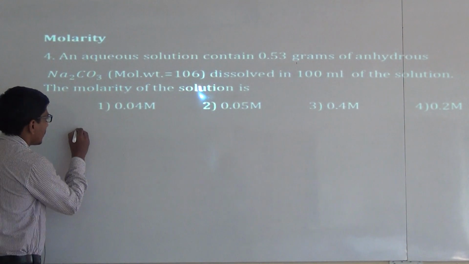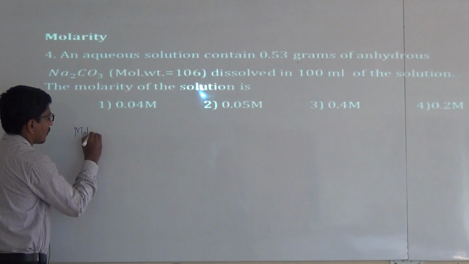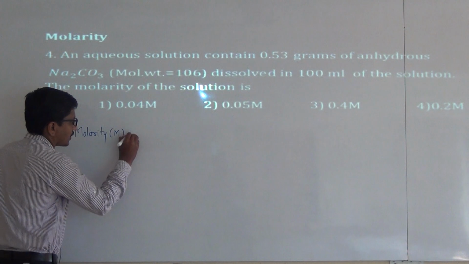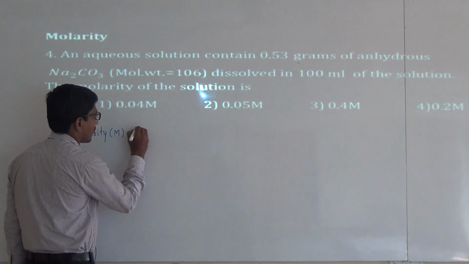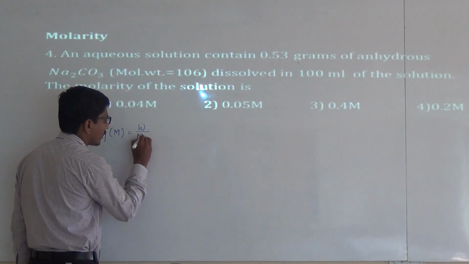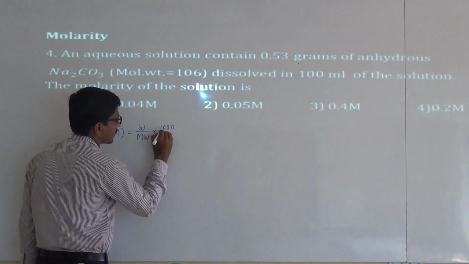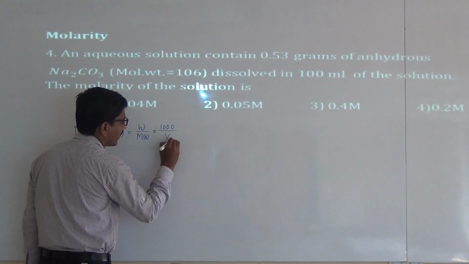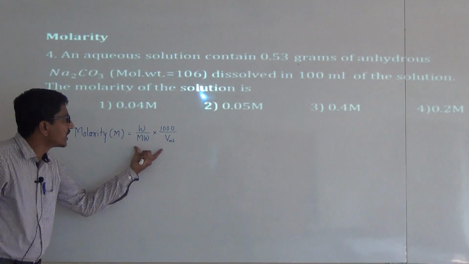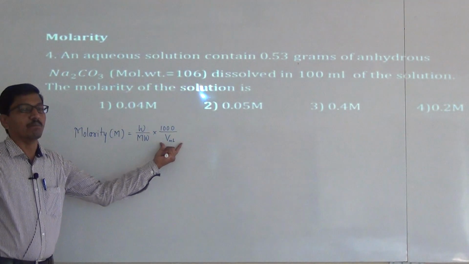From the relation, molarity is equal to weight of the solute by molecular weight of solute into 1000 divided by V ml. The formula used to calculate the molarity of the solution is W by MW into 1000 divided by V ml.